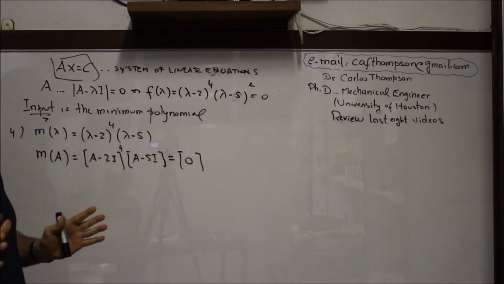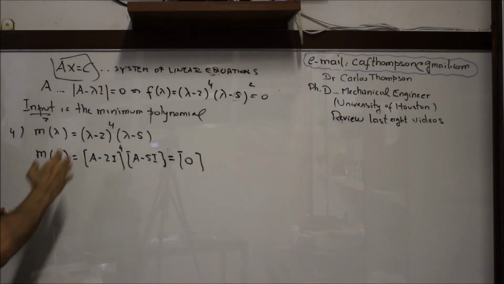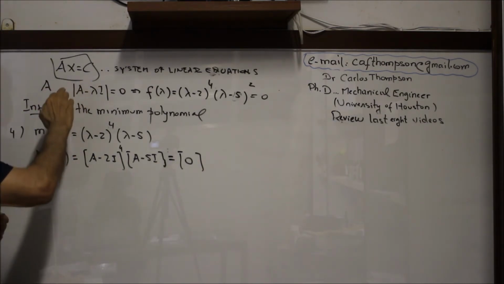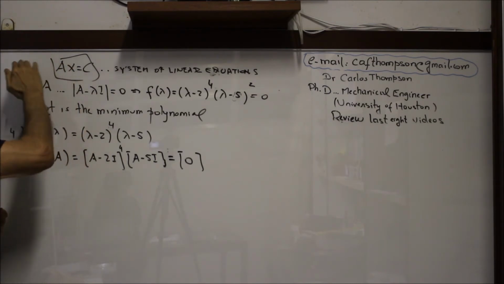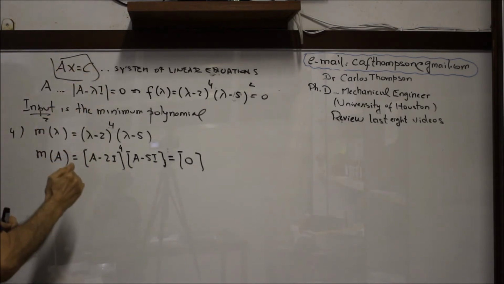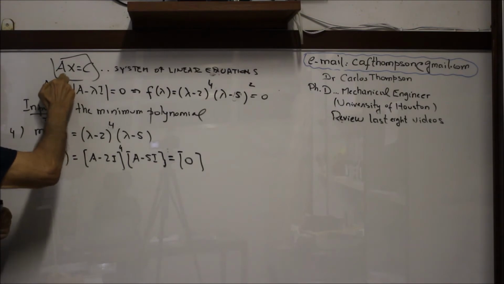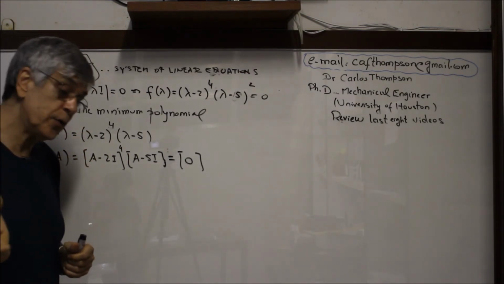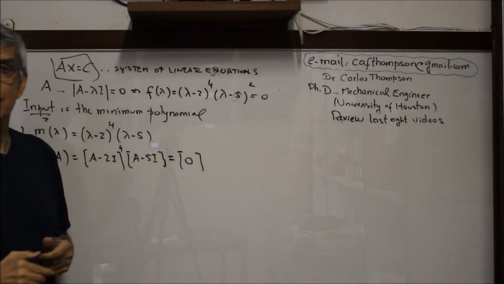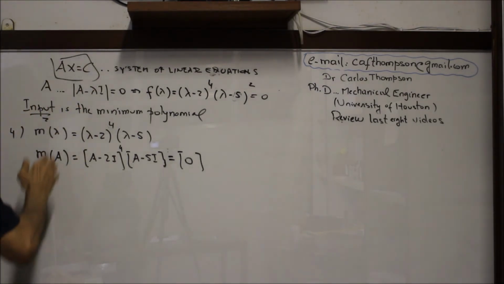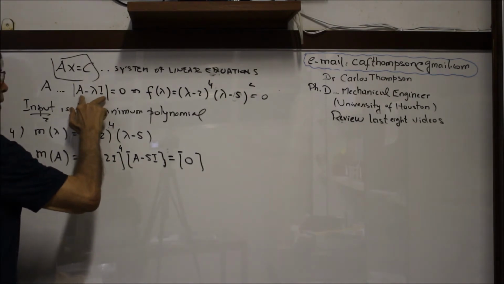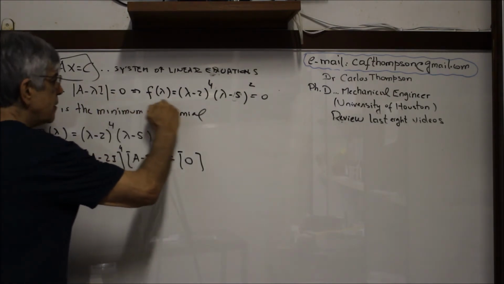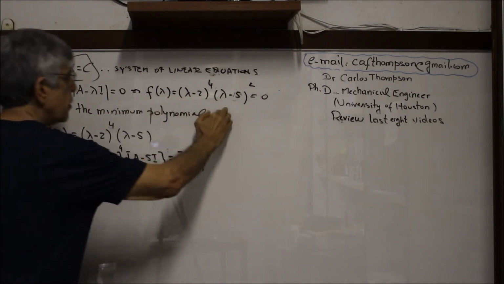Let's suppose there is a linear system, a system of linear equations. I obtain my A, which is different from the A from the last example. Suppose I have my A, and I get my characteristic polynomial.